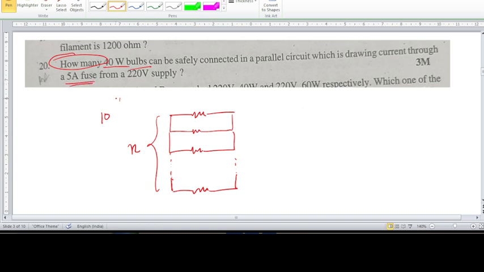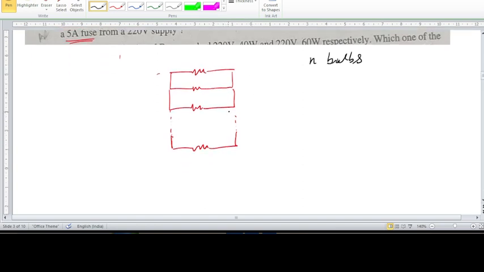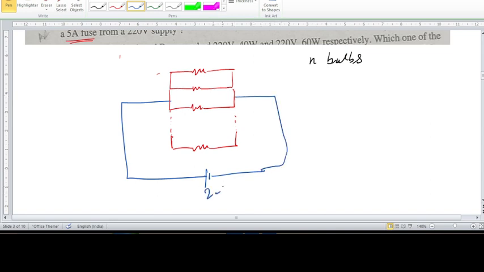Do you know what a 5 ampere fuse means? Let me explain. I am assuming I have connected n bulbs, with a 220 volt supply. So look, student, all the bulbs have been connected in parallel and they have been connected with a power supply of 220 volt.